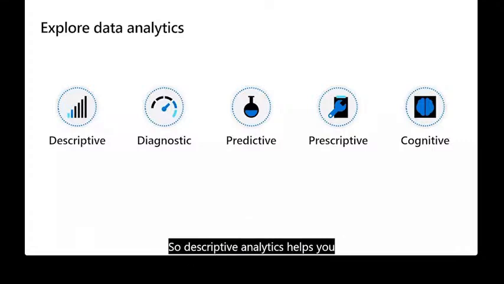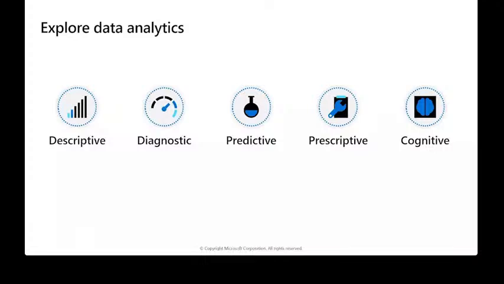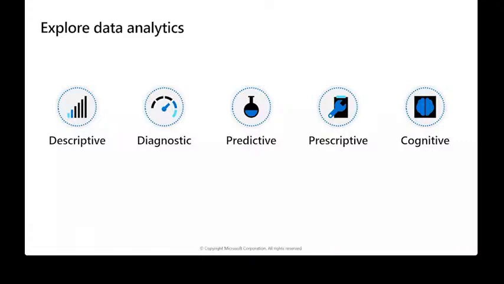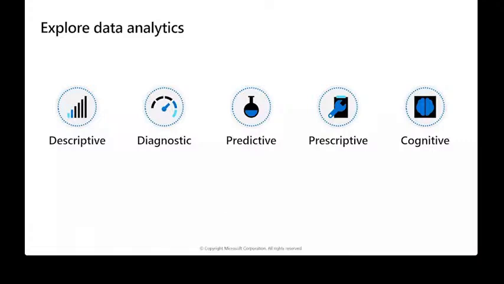It helps you answer questions about what has happened based on historical data. It uses techniques to summarize large data sets to describe outcomes to stakeholders. Examples of descriptive analytics include generating reports to provide a view of an organization's sales and financial data.